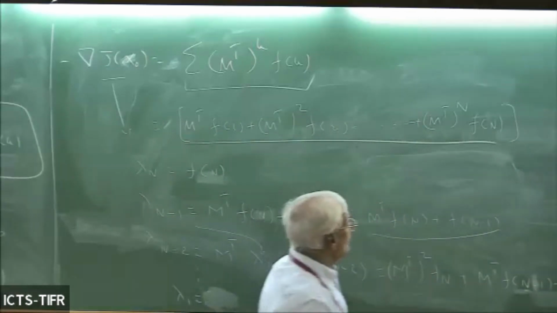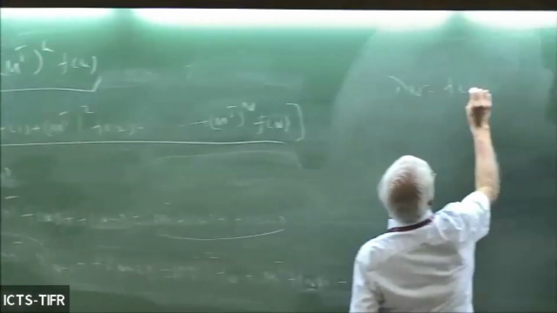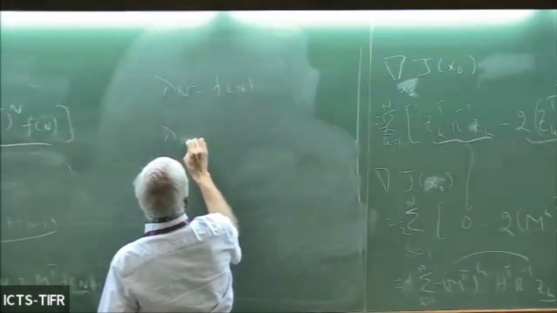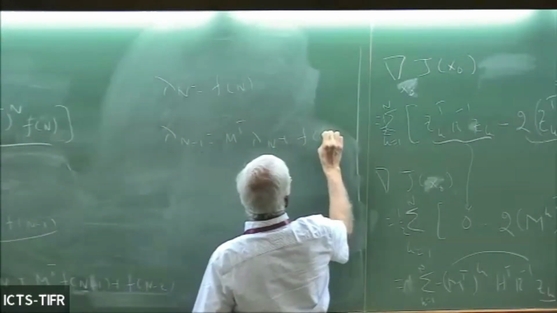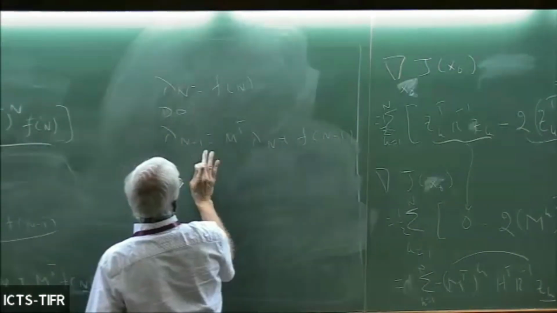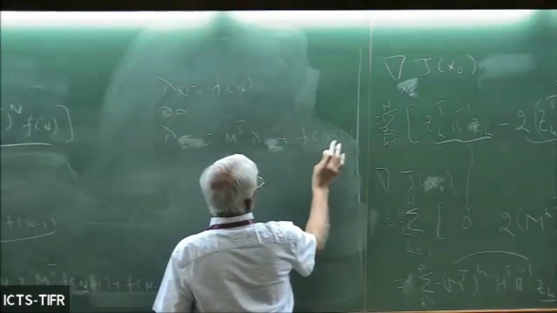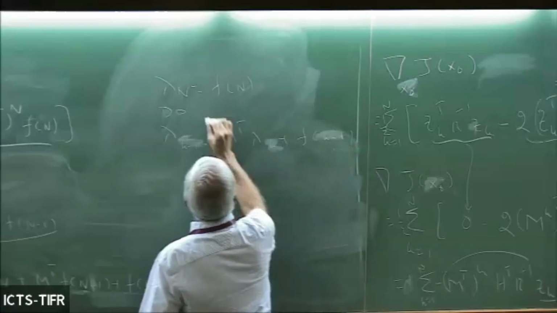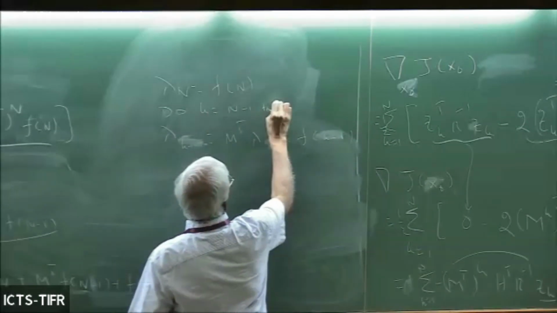Everybody? I'm now going to write this as a simple do loop. Lambda n is equal to f of n. Lambda k minus 1 is equal to m transpose lambda k plus f of k minus 1, do k equals n to 2.